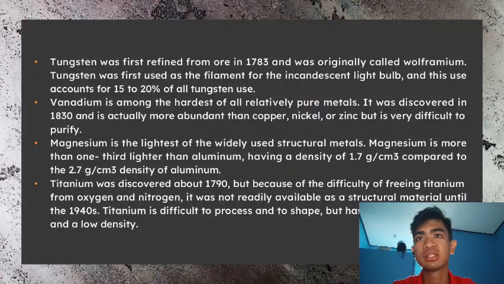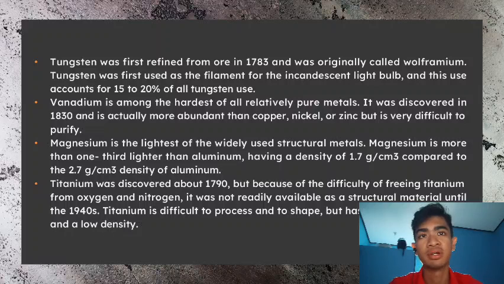Magnesium is the lightest of the widely used structural metals. Magnesium is more than one-third lighter than aluminum, having a density of 1.7 grams per cubic centimeter compared to the 2.7 grams per cubic centimeter density of aluminum. Because of its low density, magnesium has been used in aircraft frames. It is also an important alloying element in aluminum.